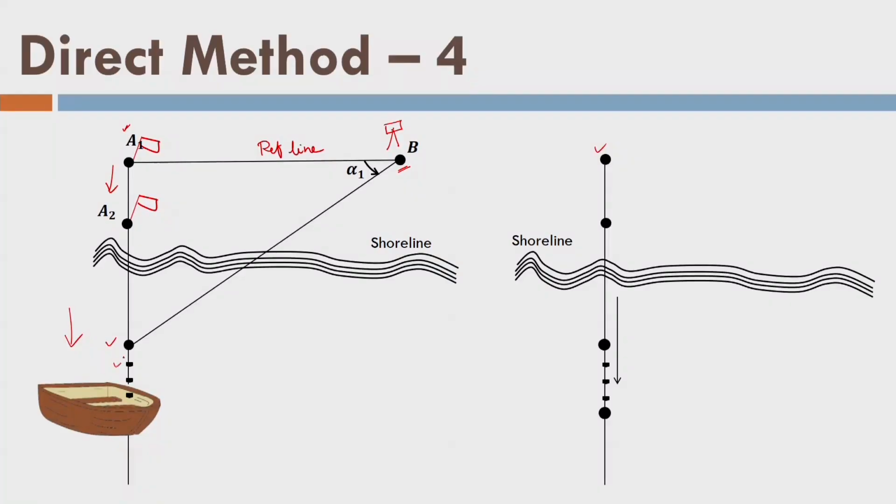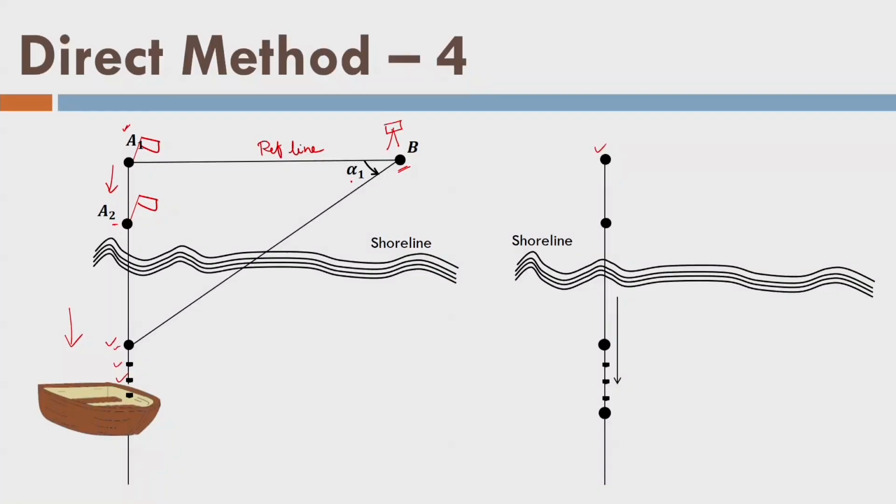So this position is a sounding position, this is another sounding position, and they are at a regular time interval. That means the boat is moving at a constant speed, and I am measuring the distance with the help of time measurement and the speed of the boat, that is V into T. So we are measuring distances from this point to this point.